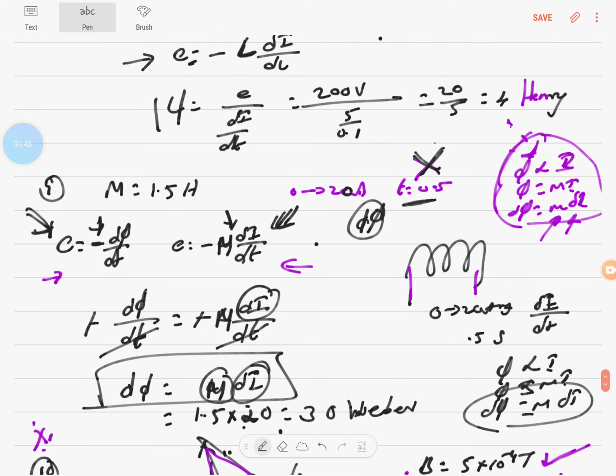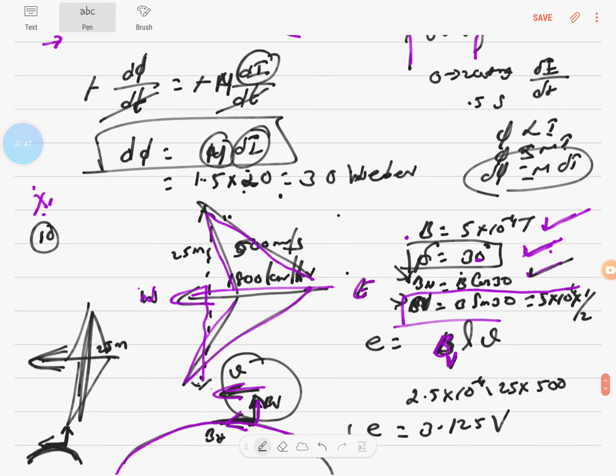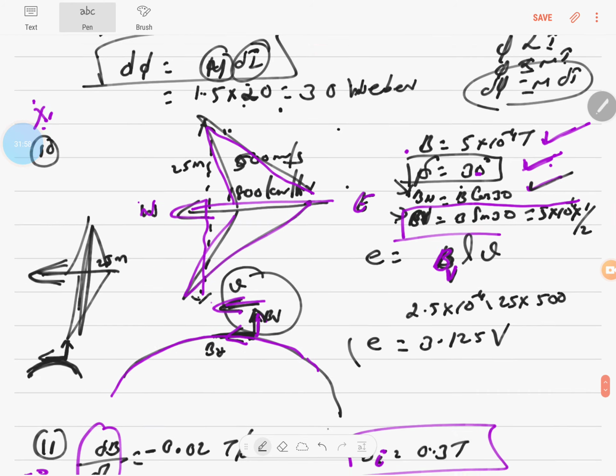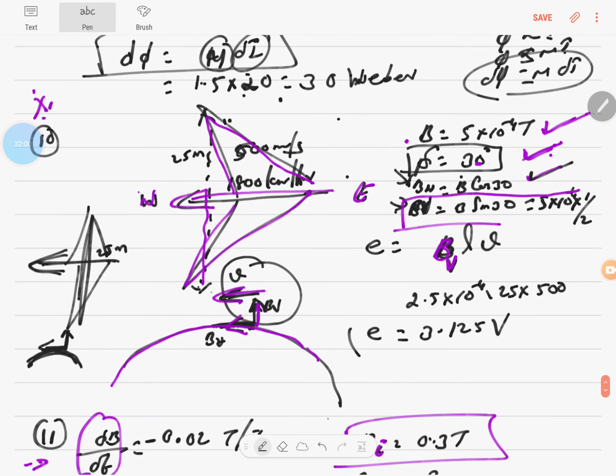Okay, the next sum is about a jet plane. The jet plane is going from east to west, and I've drawn its wings as 25 meters long, comparing it to the Earth's surface. The horizontal component BH is along the surface and B vertical is perpendicular, and the velocity is perpendicular only to the vertical component.